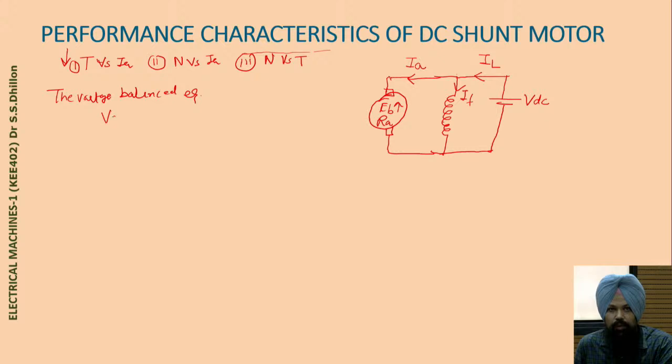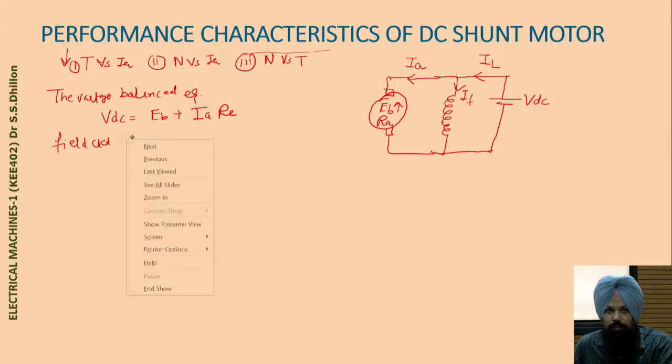We can write VDC equals EB plus IA into RA, and for the field circuit we have VDC equals IF into RF.